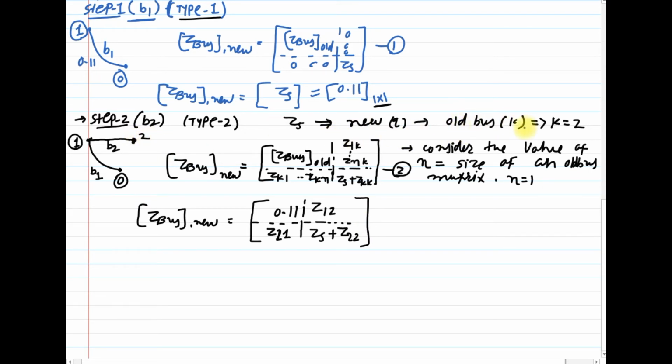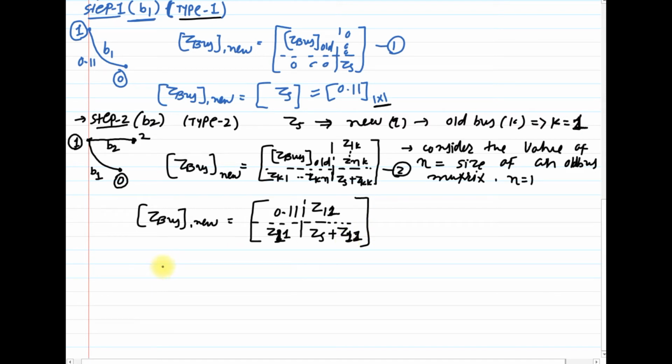Yes, here we have done one mistake, which is the value of k. K indicates the old bus number, and here the old bus which is previously available with us is bus number 1. So we have to consider k is equal to 1. Okay, and yes, according to that we have to substitute the value of k in this equation, which is Z11 here, same way here also Z11, and the diagonal element which is Zs plus Zkk, means Z11.